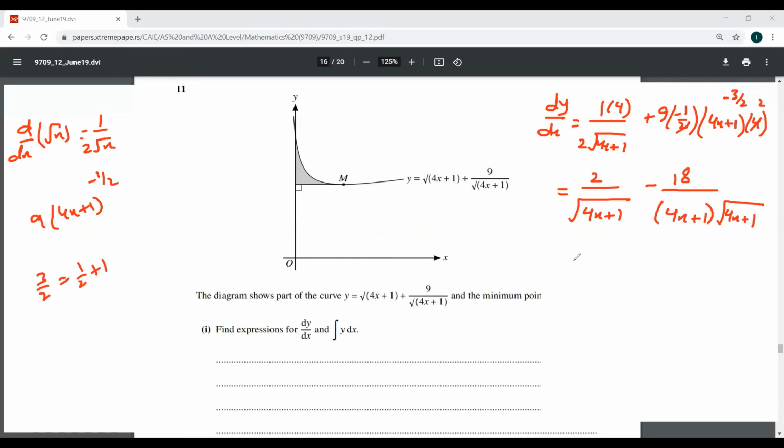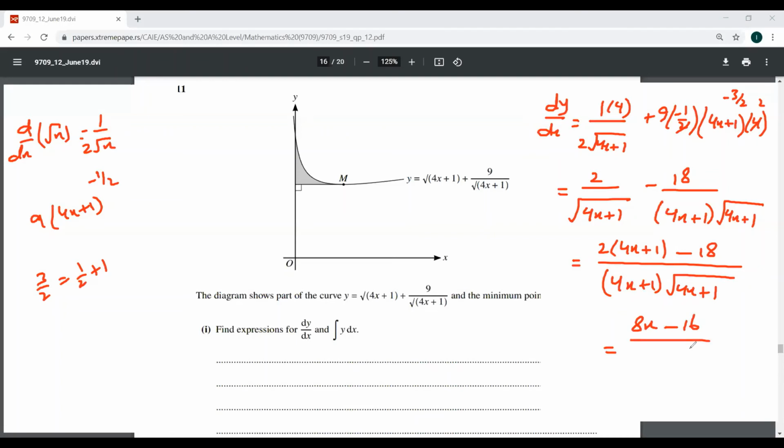But if you want, I can really write this as a single fraction here. This is 4x plus 1 into this 4x plus 1. You have this 2 into 4x plus 1 minus 18. So finally, this is going to be 8x plus 2, 8x minus 16 over all of this.